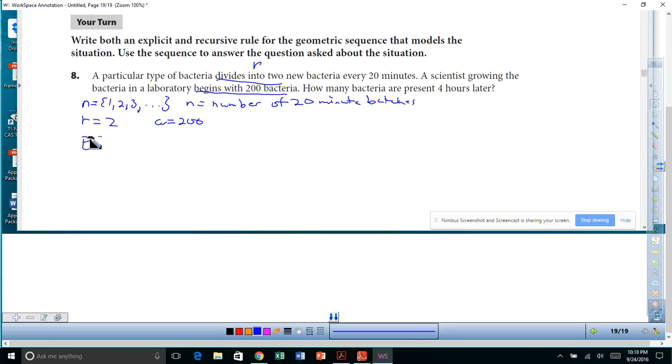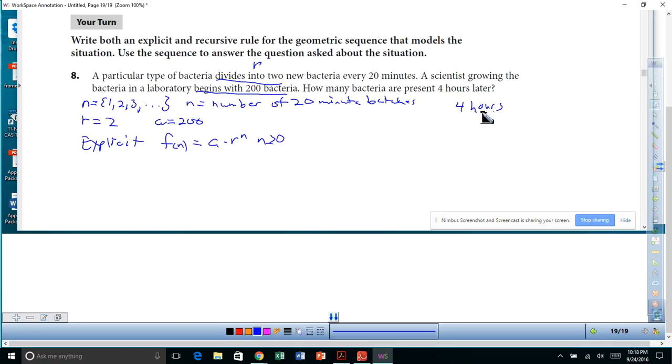So an explicit formula would be F of N equals A times R to the N. And since we're doing time, N is greater than or equal to 0. So 4 hours.